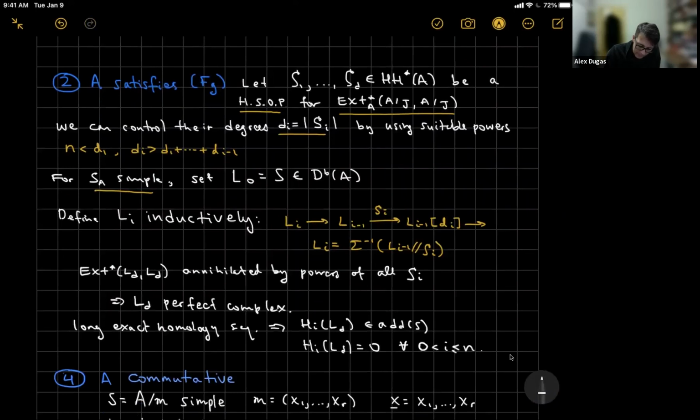So in fact, this means that our LD is going to be an SSH resolution for S, which is initially exact for n, where n is an arbitrary integer. So it follows that S belongs to this subcategory of highly SSH resolvable modules.